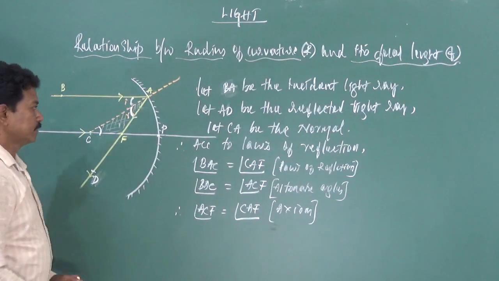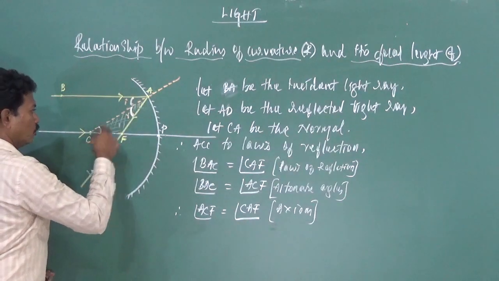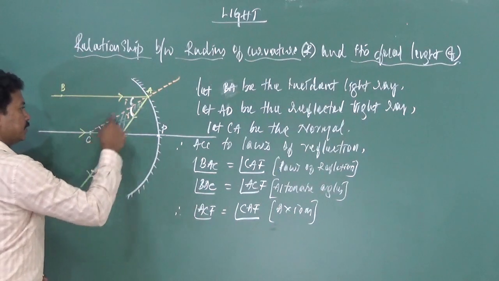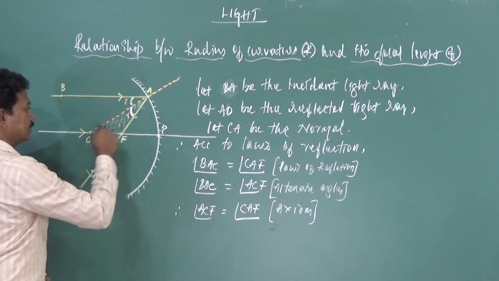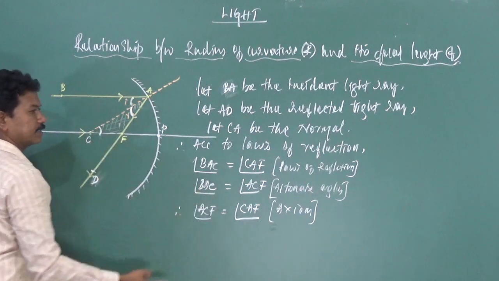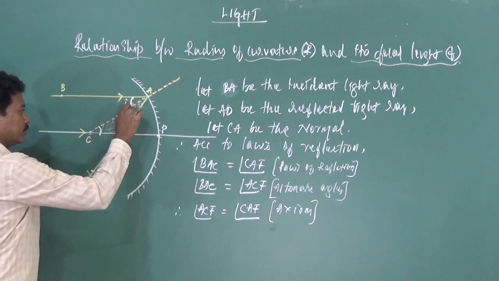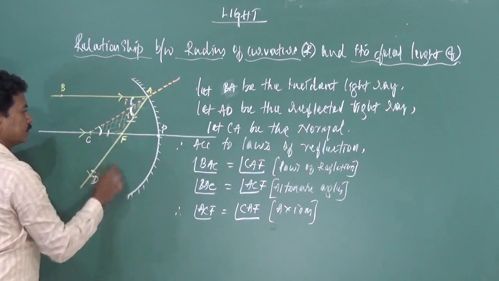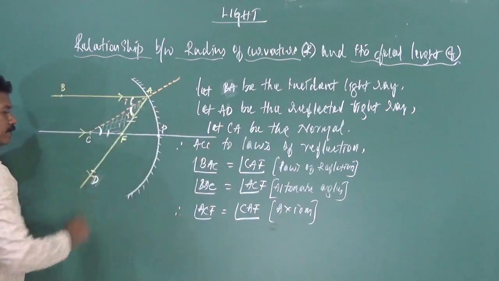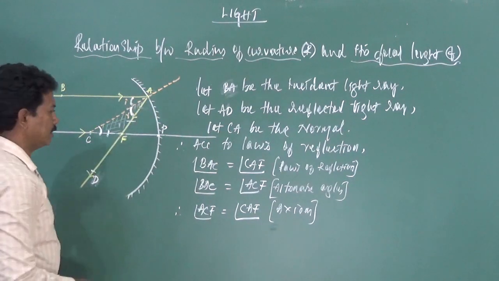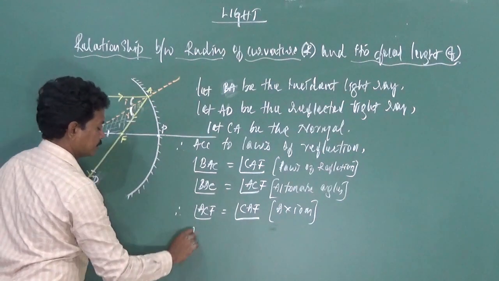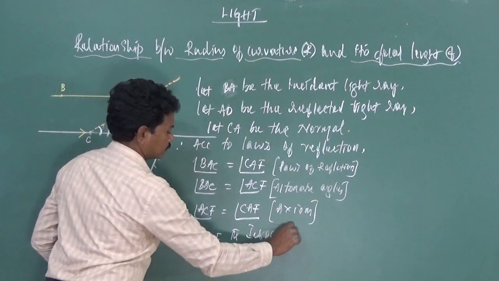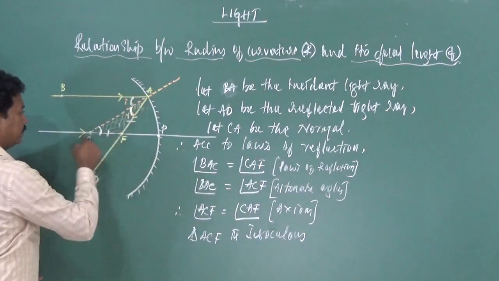In a triangle, if two angles are equal, then it is an isosceles triangle, and the sides opposite to the equal angles are also equal. Opposite to this angle is this side, and opposite to this angle is this side. Therefore CF is equal to AF. Triangle ACF is isosceles.